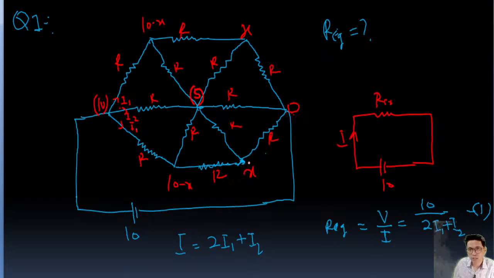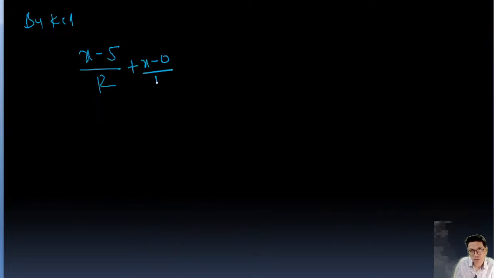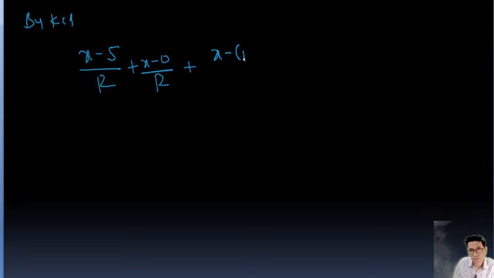So we'll use KCL at this point, nodal analysis: (x minus 5) upon R plus (x minus 0) upon R plus (x minus 0) upon R plus (x minus 10 plus x) upon R equal to 0.